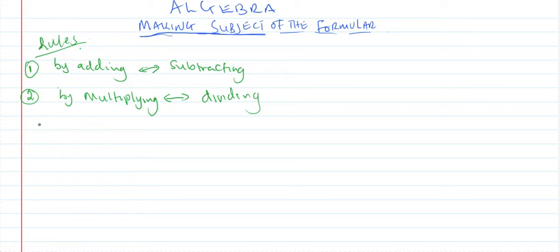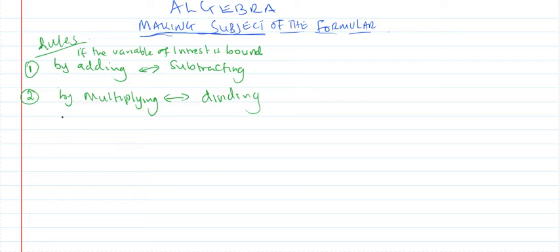Alright, so these are the major ones. If the variable of interest is bound by adding, you subtract; by multiplying, you divide.